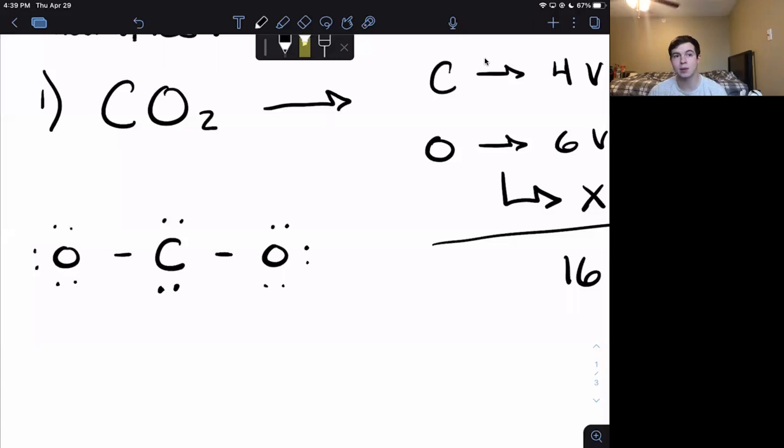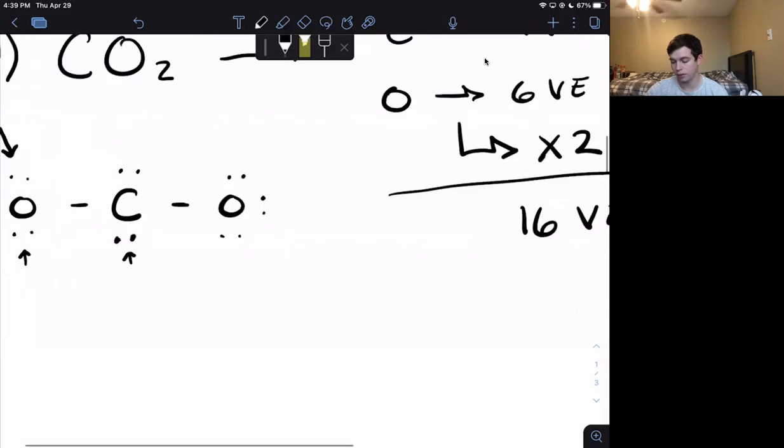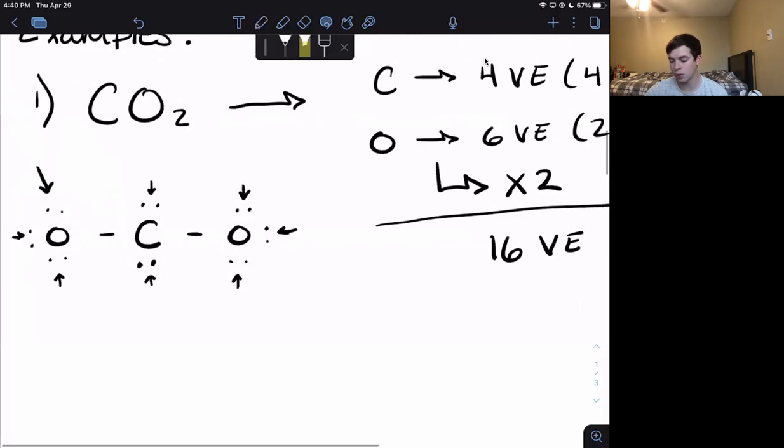Remember, electrons are added in pairs. So now we can count and check to see if this works. So we can see 2 bonds, so that's 4, and then 6, 8, 10, 12, 14, 16, 18, 20. So we have 4 too many.